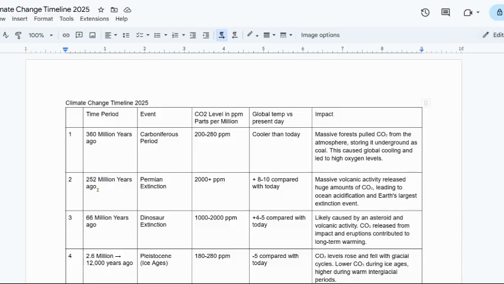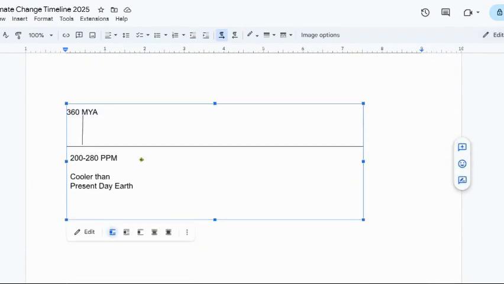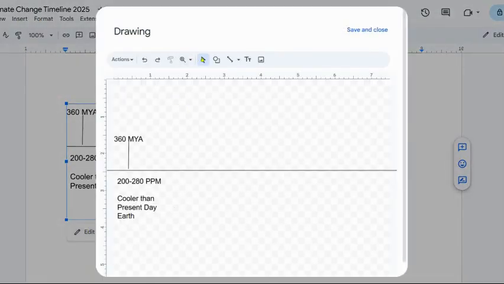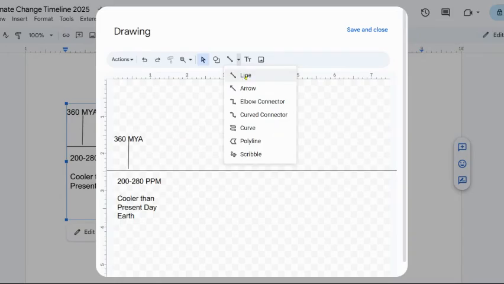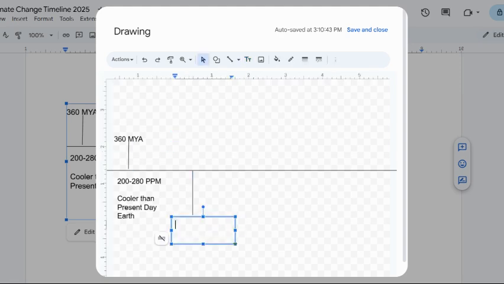So we will go through, and if that was at 360, now we're at 252. Now we'll put this line right here, and this will be 252. I like to alternate so it's different every time. So if on the top it says 360 million years ago, I'll probably put 252 on the bottom.